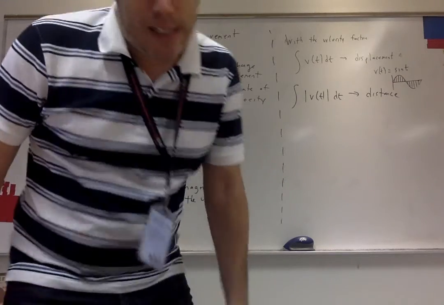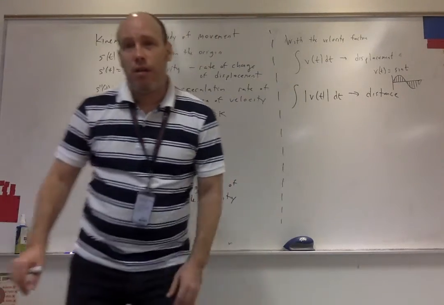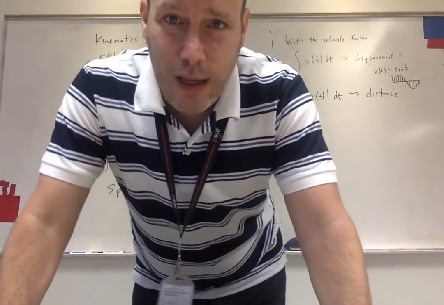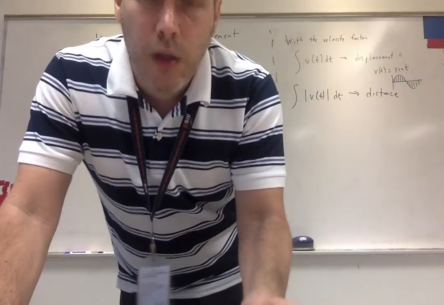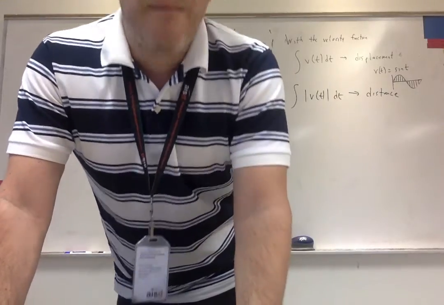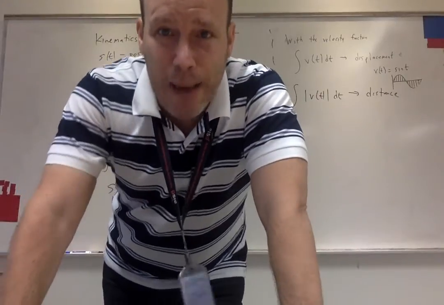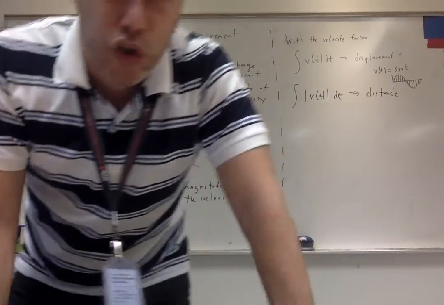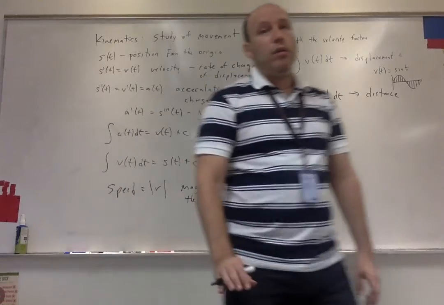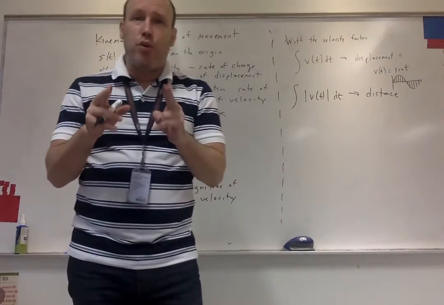For example, I stand here, close your eyes. Does it look like I moved or not? And you would say, no, Mr. Eilert, you didn't move at all. So my displacement is 0. But the next question might be, for those who kept your eyes open, did I move at all? And you say, yeah, you walked in a circle. Like the sine wave, you walked in a circle.